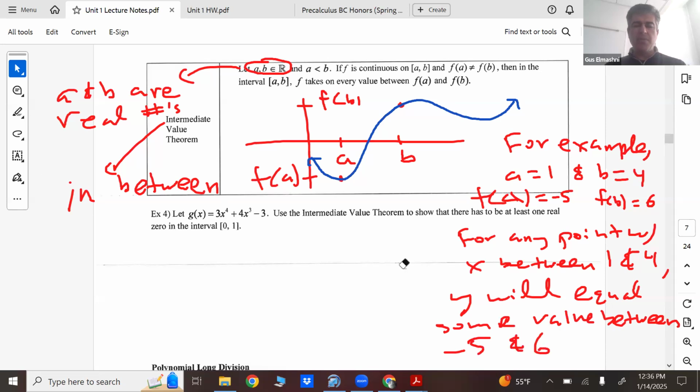Actually, let me change this, some value is a little vague. Y will equal all values between -5 and 6. Here we go.